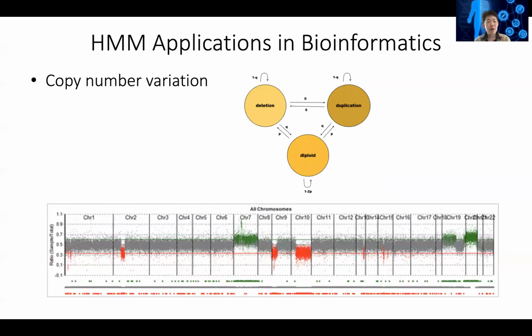Another example for using hidden Markov model is to predict the copy number variations in the genome. You can imagine this as either sequencing results or, in the early days, microarray results.